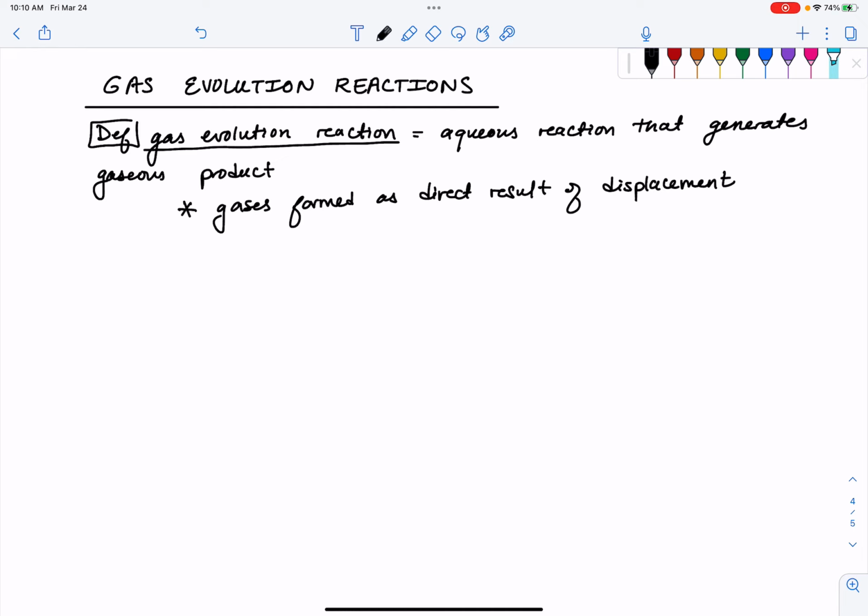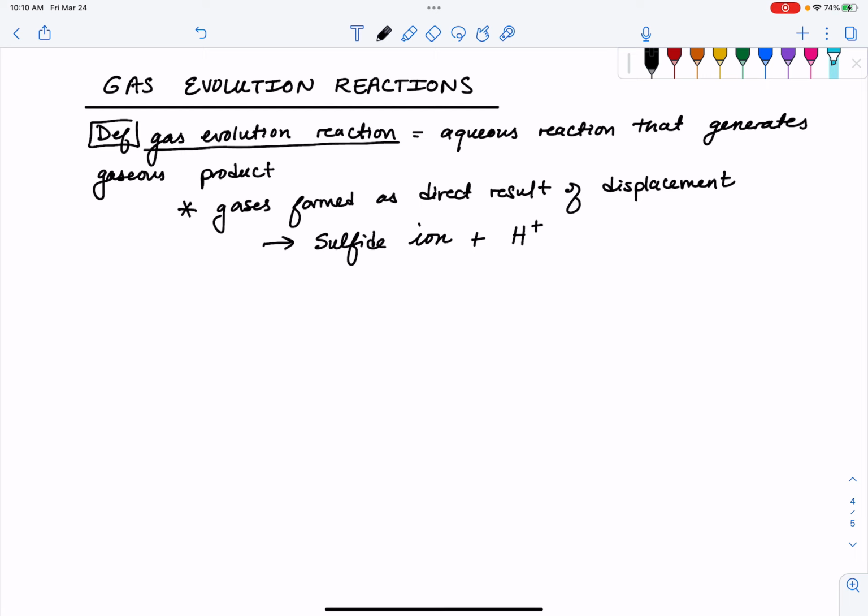And the best example of this is anytime we look at a reaction that involves a sulfide ion plus any kind of hydrogen ion.